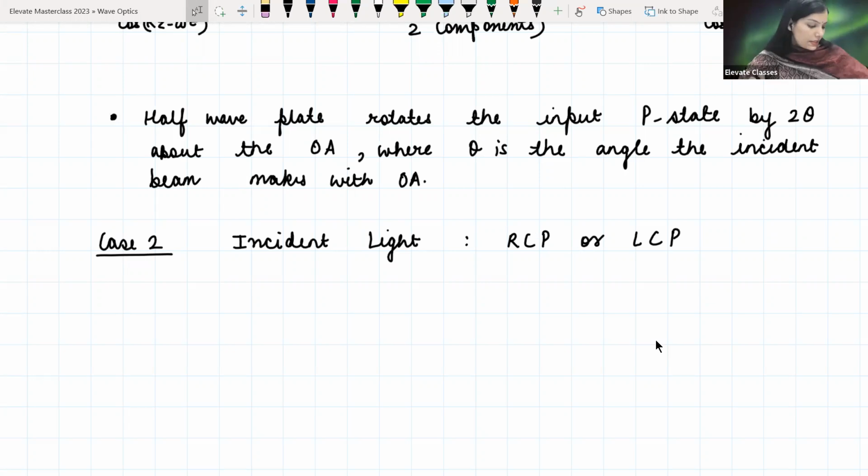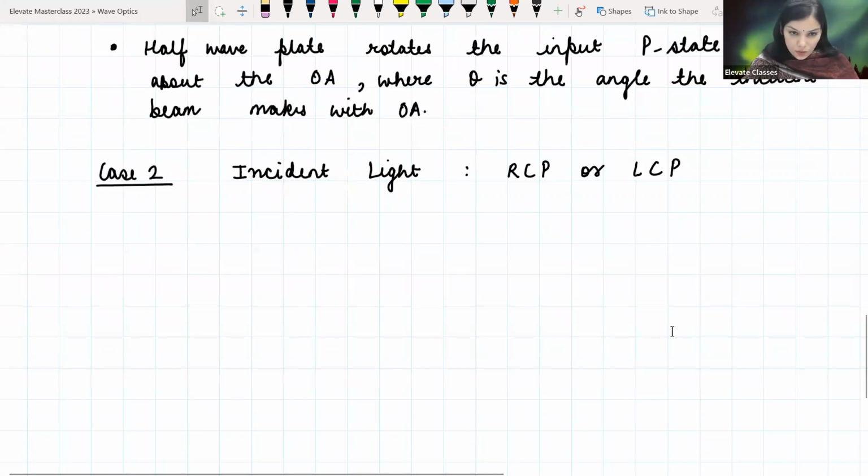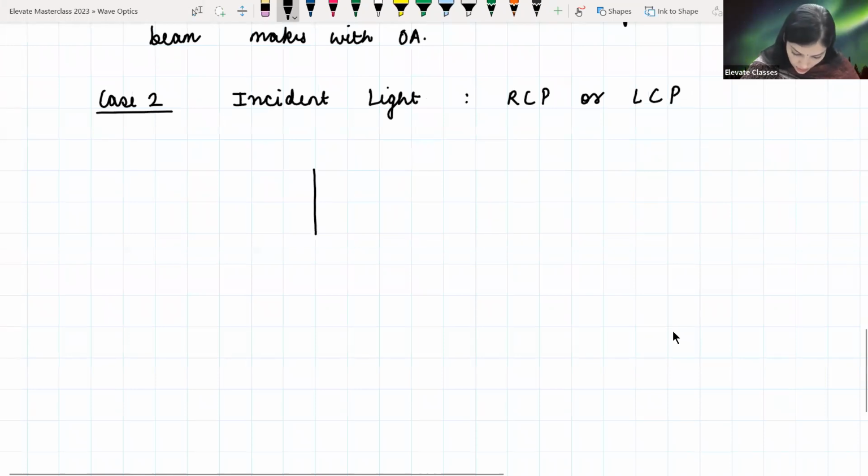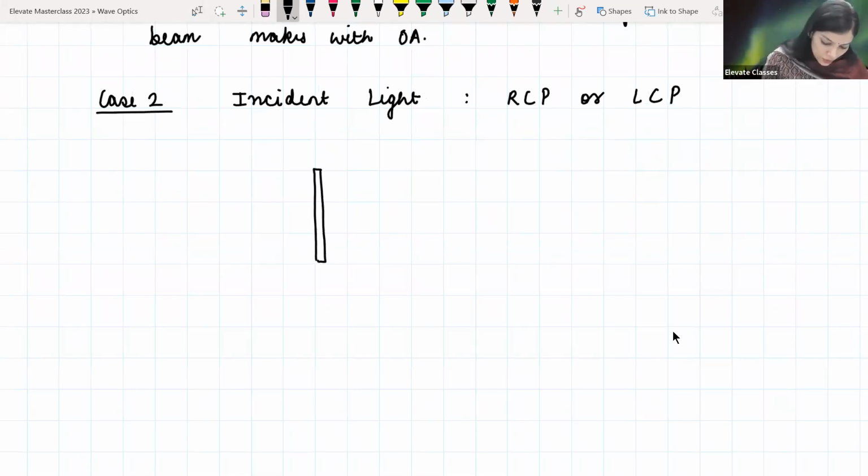Let us see what will happen. So if I have a half wave plate again, at the input let us say LCP light is incident, or let us write RCP because I have already written the RCP expression. So let us say it is RCP here.